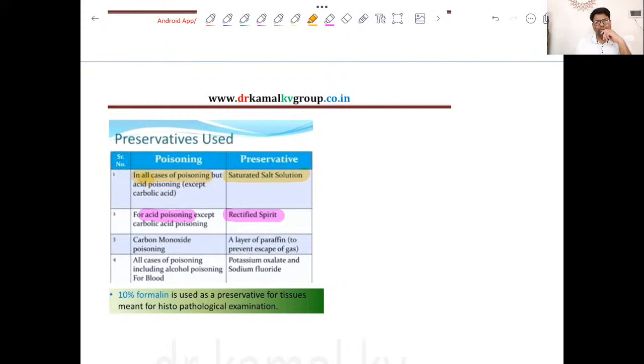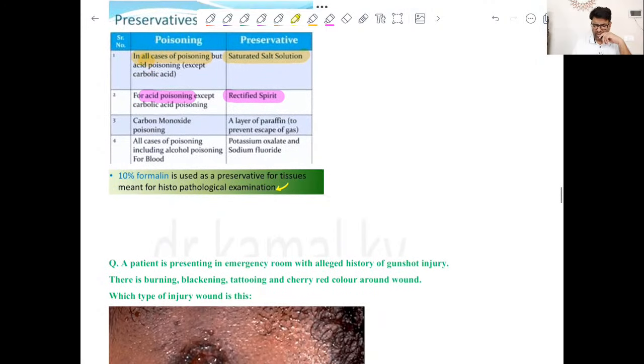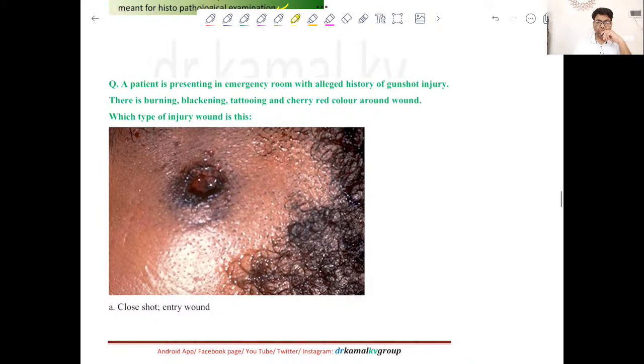So we can use the saturated salt solution or the rectified spirit. And formalin, I think most of you must know, is always a valuable tool for histopathological examination, right? So just remember these three names as far as preservatives in toxicology are concerned.